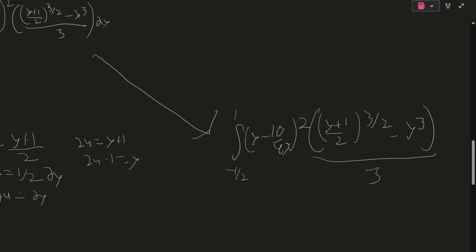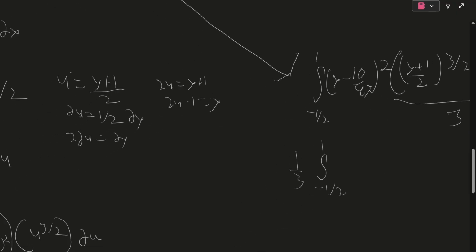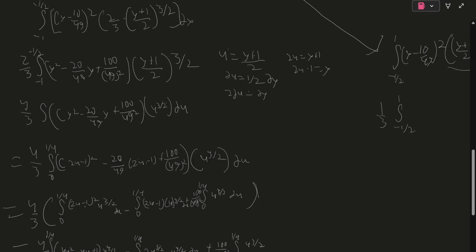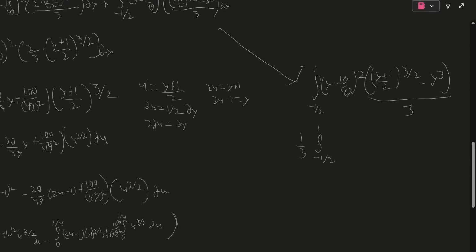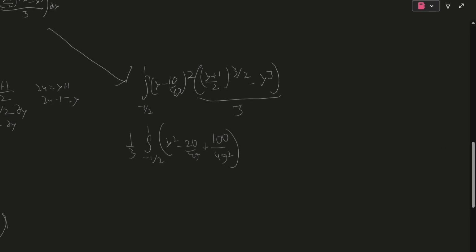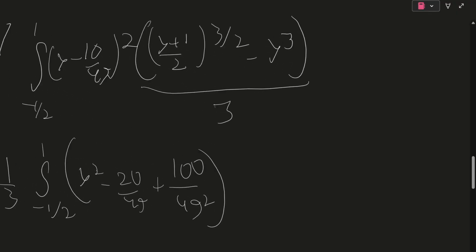Alright, so we get 1/3 times the integral from -1/2 to 1, and we can go ahead and square out our terms just like we did in the original expression. And we get y squared minus 20/49 y plus 100/49 squared times y plus 1/2 to the 3/2 minus y cubed.